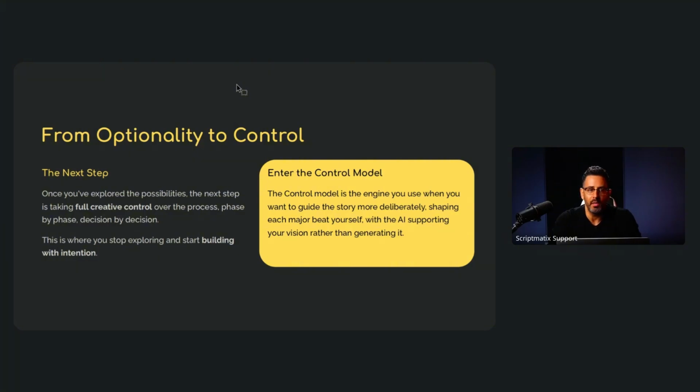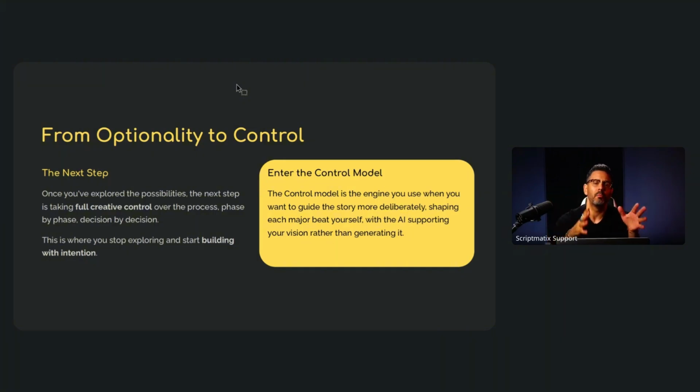The control model is the go-to when I'm working personally with different clients, production studios, and professional writers. It seems to be the one that they gravitate towards the most, simply because most writers, when they're coming into writing a new project, have the idea and want to develop their idea, right?